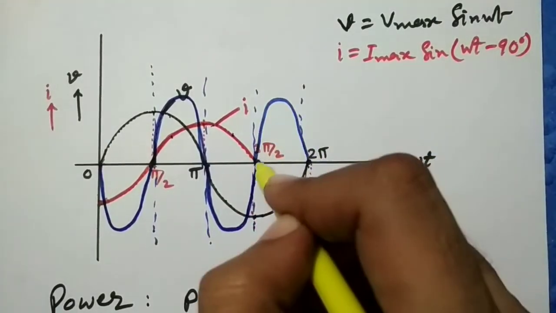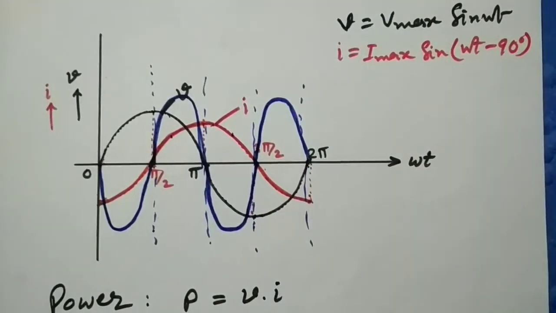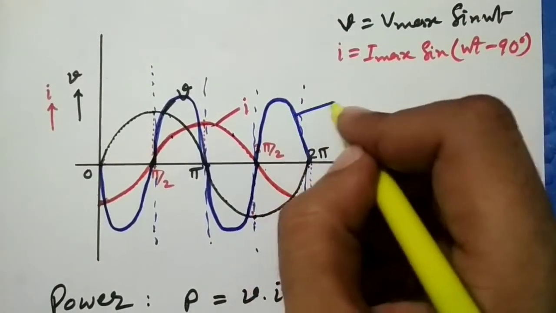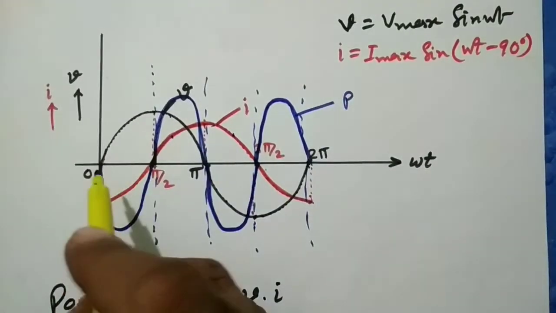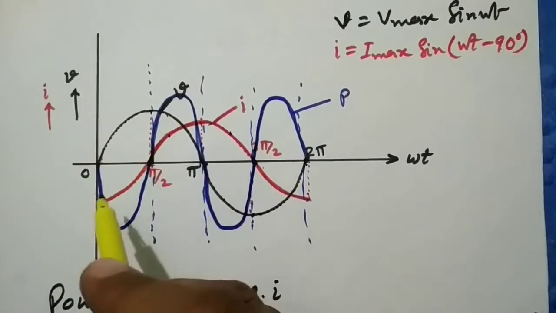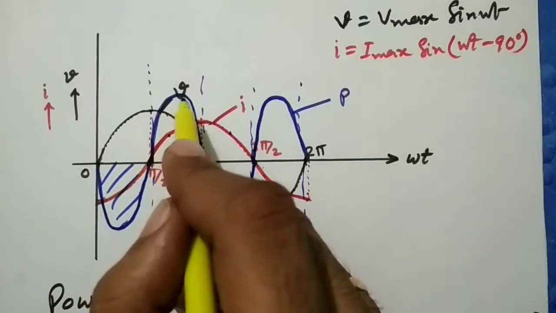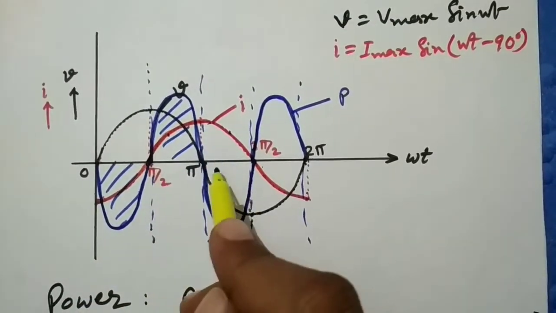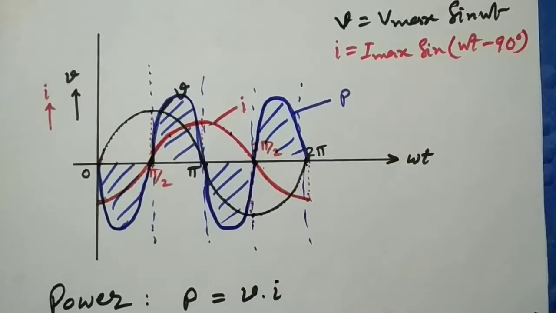So it will be the power. Therefore, for a complete cycle of 360 degrees, we can see that there are 2 cycles of the power. Here it is the negative power, the positive power, again the negative power, and again the positive power.